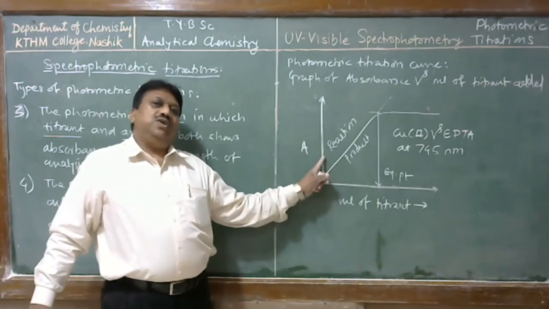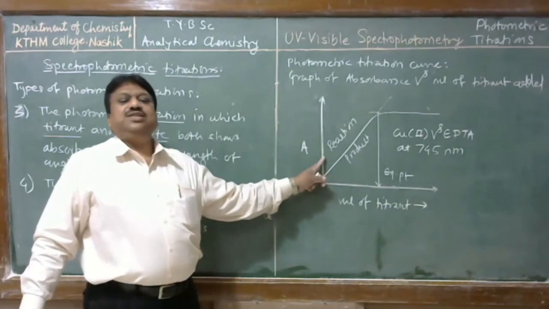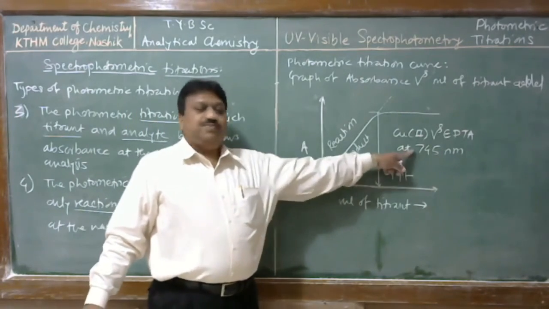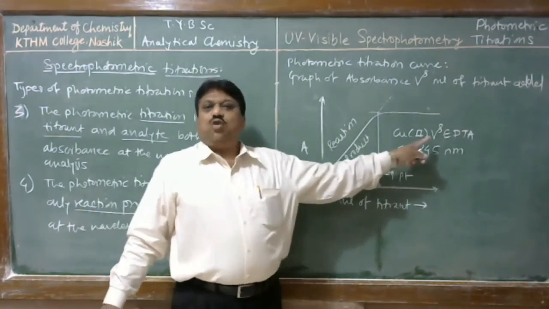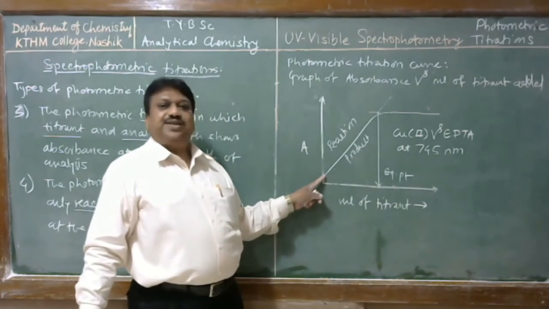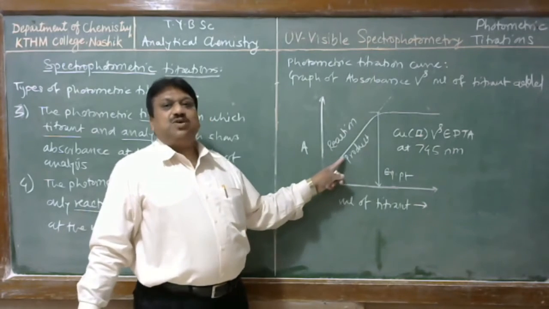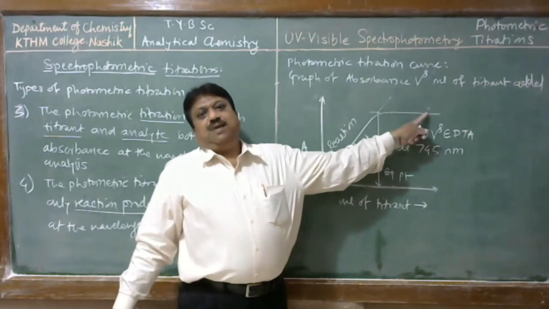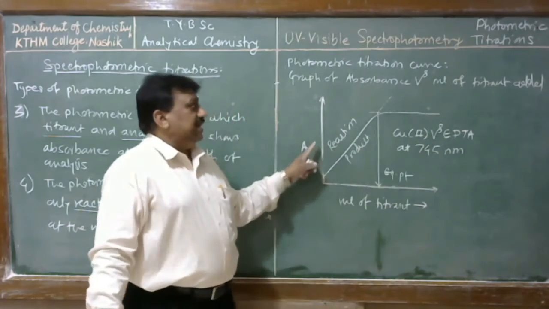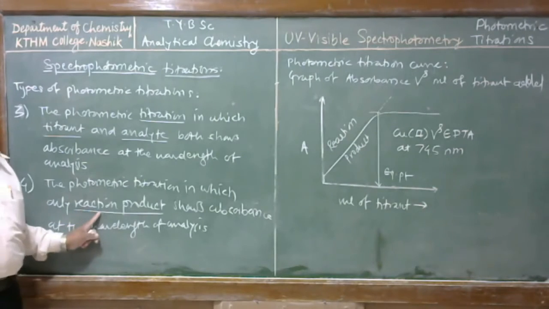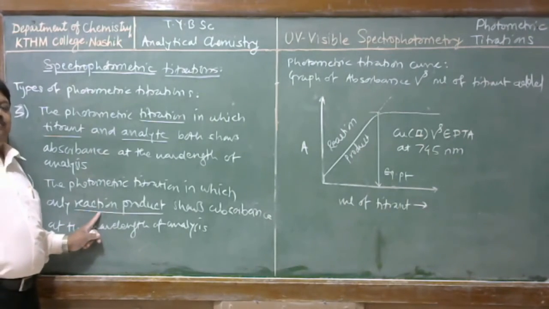In this case, only the copper EDTA complex, which is dark blue in color, shows the absorbance at this wavelength, while EDTA and copper(II) are transparent. Therefore, as the titration reaction proceeds, absorbance of the reaction mixture increases. It becomes constant after the equivalence point. This is the nature of the photometric titration curve where the reaction product shows the absorbance.